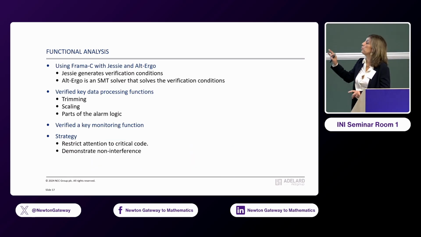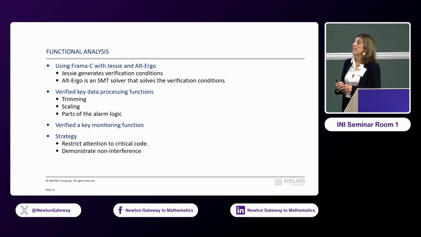So the reason why I put this triangle here is because I wanted to highlight that the functional analysis was just one aspect of the overall justification. And in this case, we used it to show the functionality, so it does the functions accurately, but also to look at absence of runtime errors, for example.